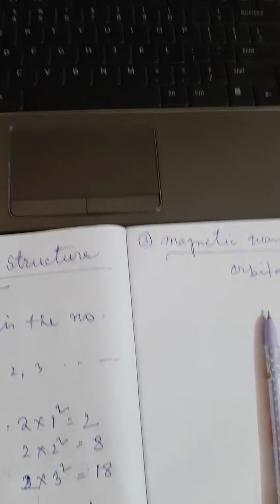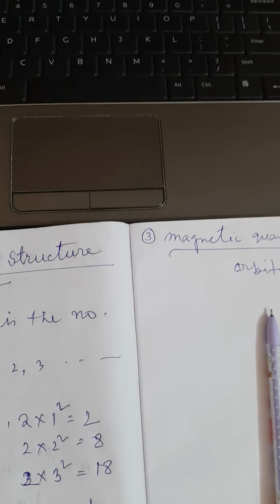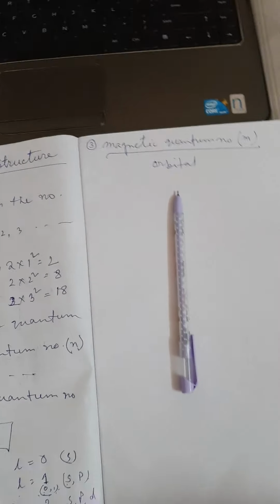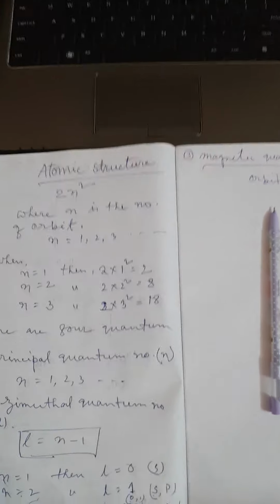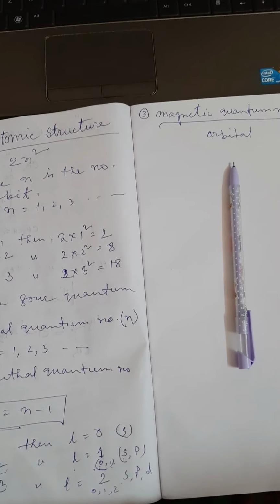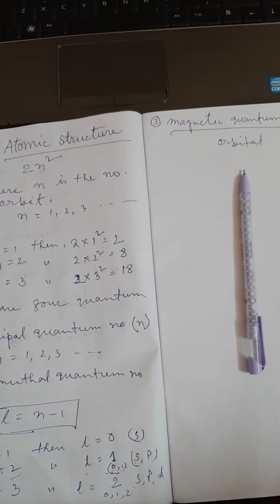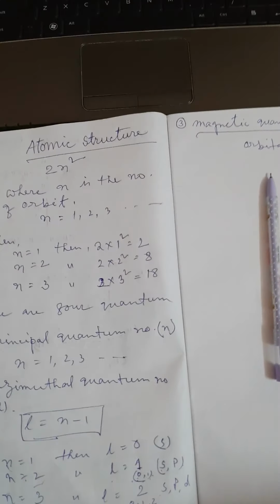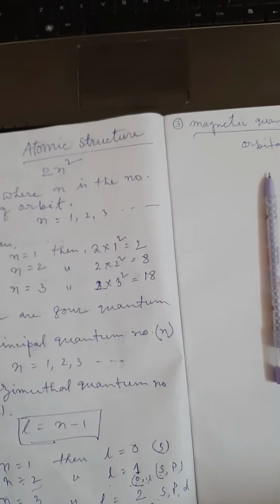An orbit is the path in which the electrons are revolving, and an orbital is a three-dimensional space in which there is maximum possibility to find an electron.